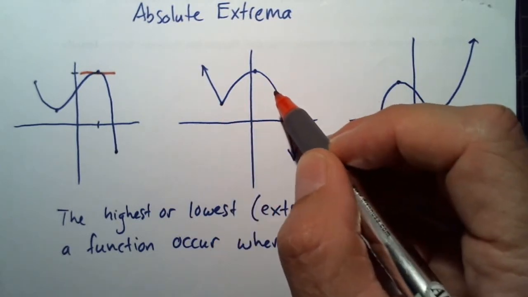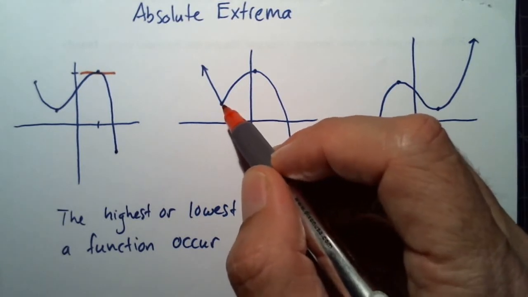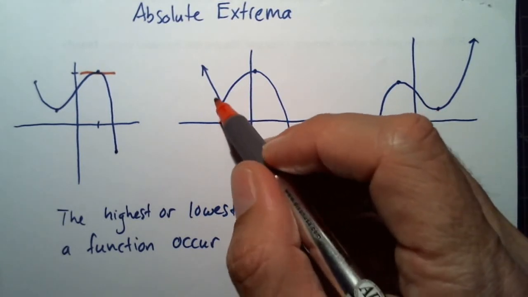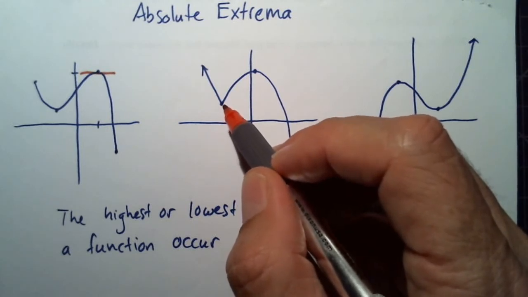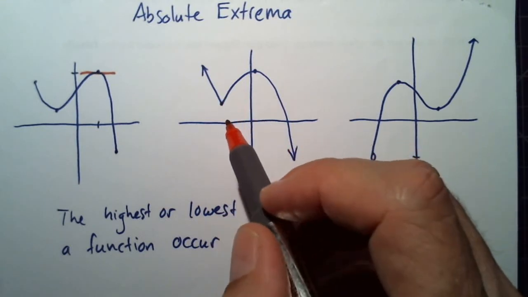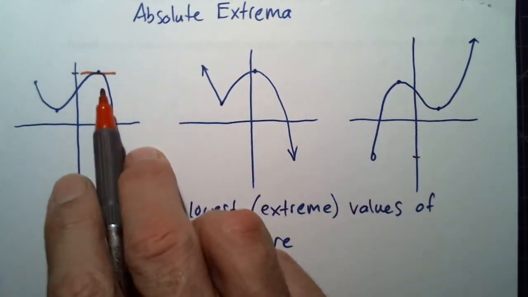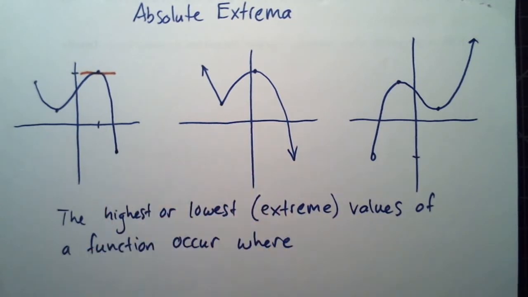Sometimes if this graph stopped here, we'd say that is the absolute minimum, and this angular part of the graph, the slope is undefined. So we would say we want to look for x values that have a slope of 0, an undefined slope, or look at an endpoint for the extreme values.